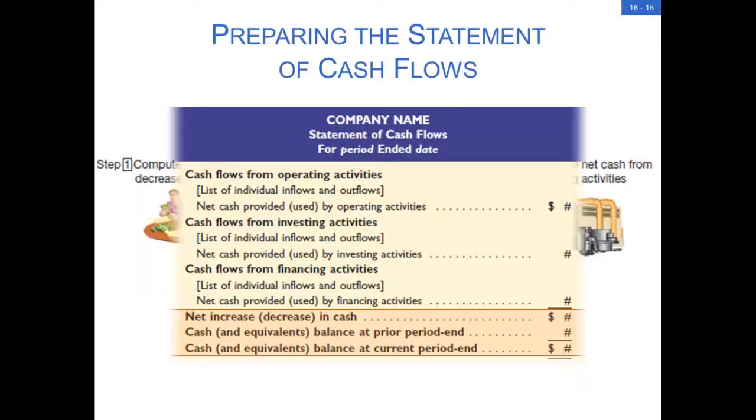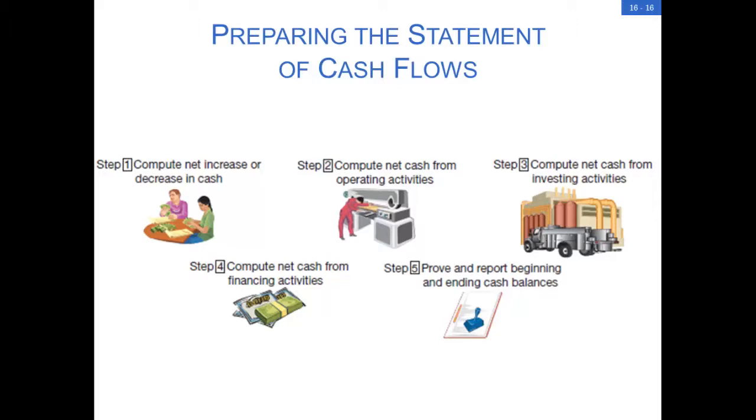Preparing a statement of cash flows involves 5 steps. First, compute the net increase or decrease in cash. Second, compute and report net cash provided or used by operating activities. Third, compute and report net cash provided or used by investing activities. Fourth, compute and report net cash provided or used by financing activities.